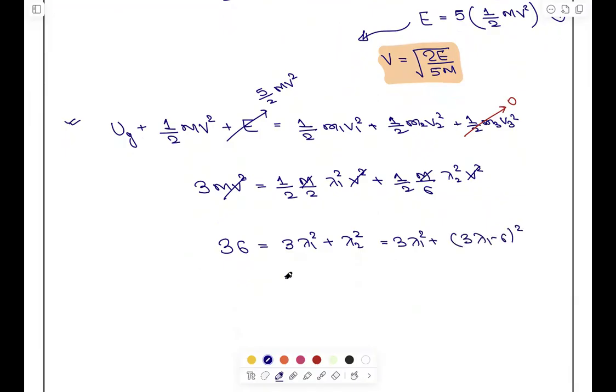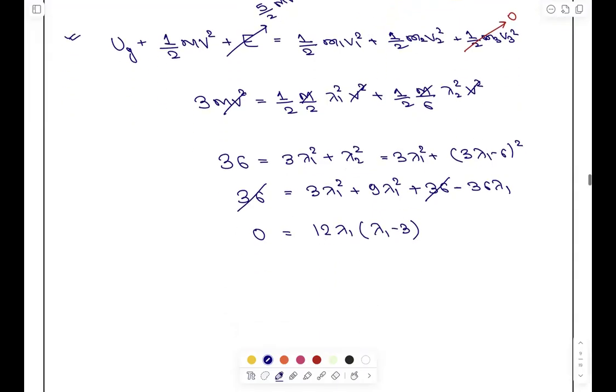You will get 3 lambda 1 square plus 9 lambda 1 square plus 36 minus 36 lambda 1. So 36 will cancel out and you will have 0 equals 12 lambda 1 square minus 36 lambda 1, so 12 lambda 1 common, lambda 1 minus 3.